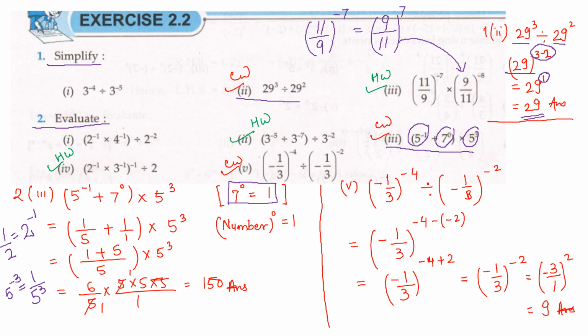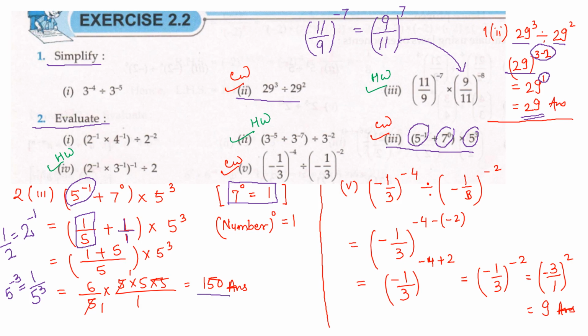Negative powers are changed to positive powers when the number is divided by 1. So 5 to the power minus 1 will be written as 1 by 5 plus 7 to the power 0 will be 1, and let us make it a fraction of 1 by 1 into 5 to the power 3. Solving the fractional part and then multiplying, we get the answer as 150.